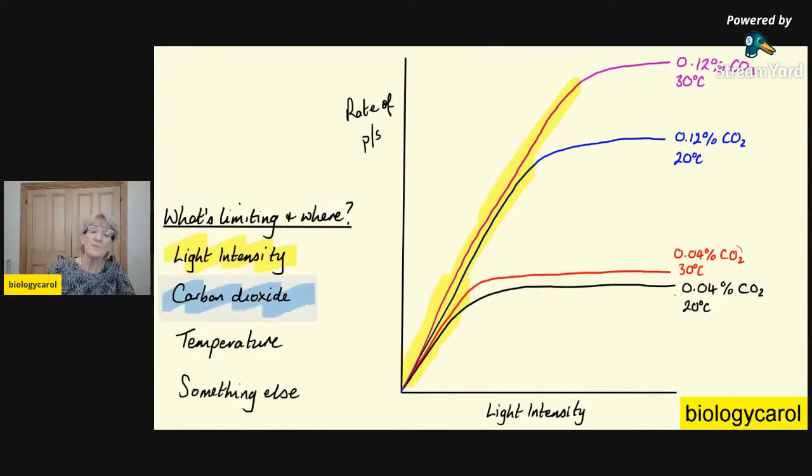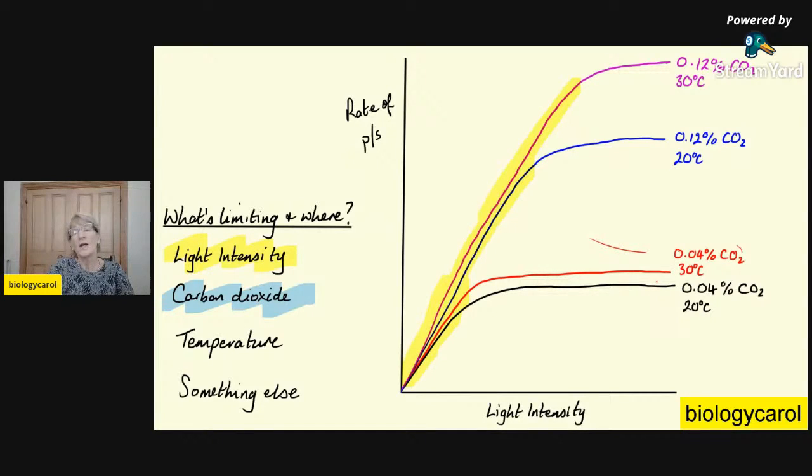So where is carbon dioxide the limiting factor? Well, let's just compare these two lines a little bit. We can see that between these two lines, the temperature has increased, but the carbon dioxide hasn't. And to be quite frank, there has been a negligible increase in the rate of photosynthesis.